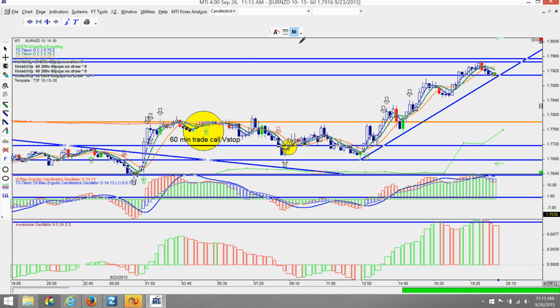This is the orange line. I already got your 60 pip target right about there on the system, that top wick, and the system went 166 and it's pulling back.